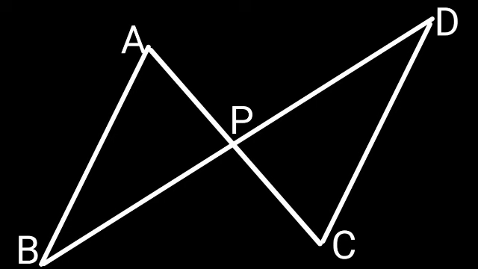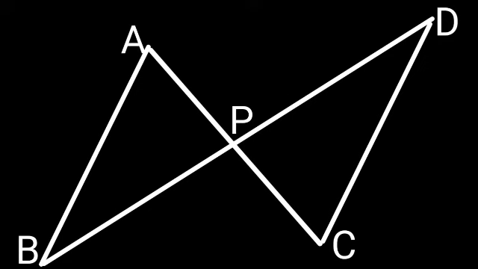In the first triangle APB and in the second triangle DPC, the angles at P are congruent because they are opposite to each other, and we have given AP upon CP is equal to BP upon DP.